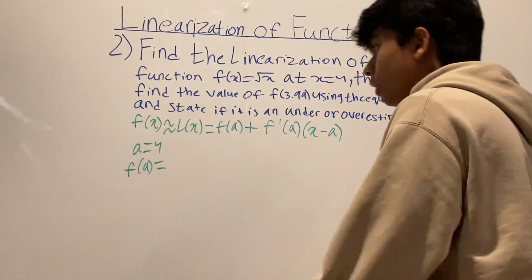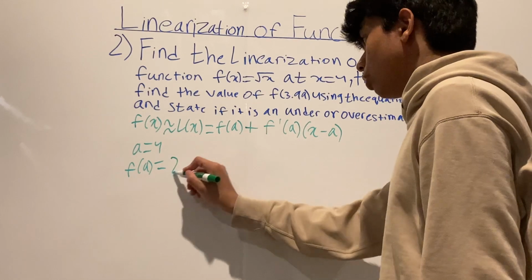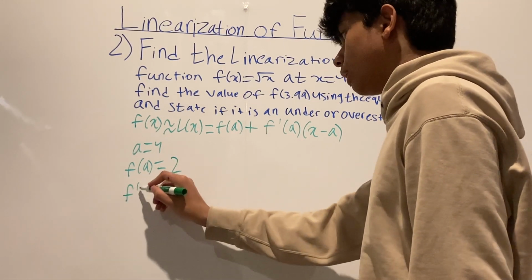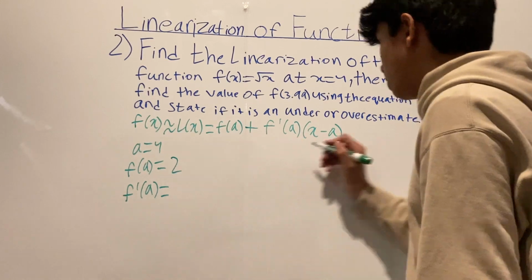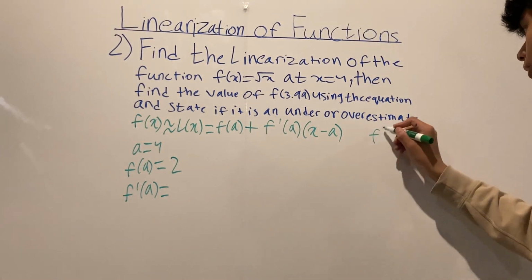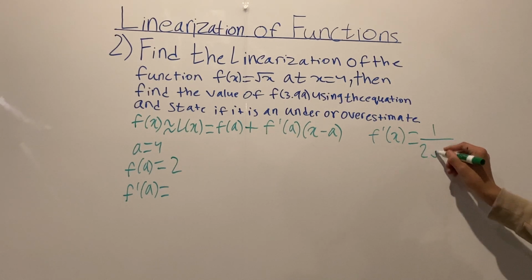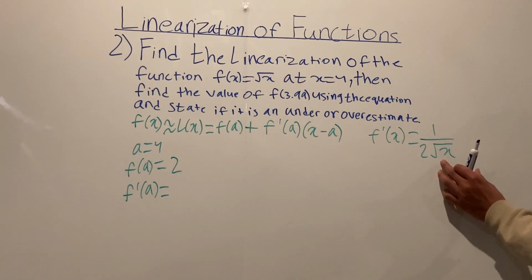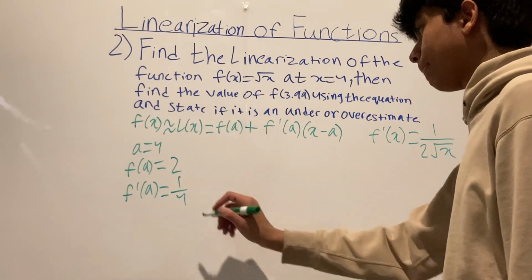So if we plug in 4 into square root x, it's going to be 2. And the derivative of a is going to be, so let's just find it over here. So the derivative f prime of x is just going to be 1 over 2 square root x. So if we plug in 4 into here, this is just going to turn out to be 1 over 4.